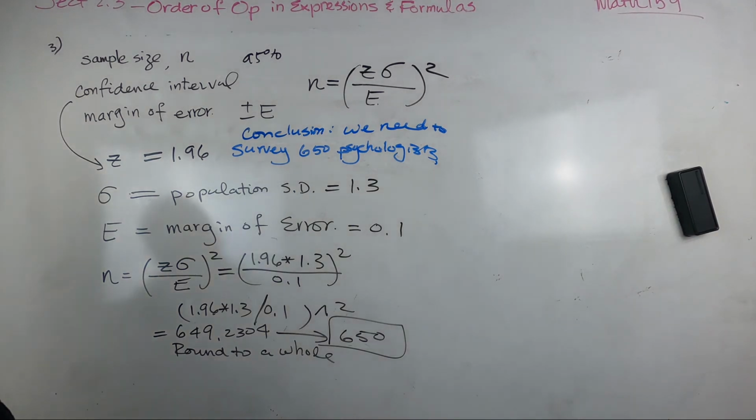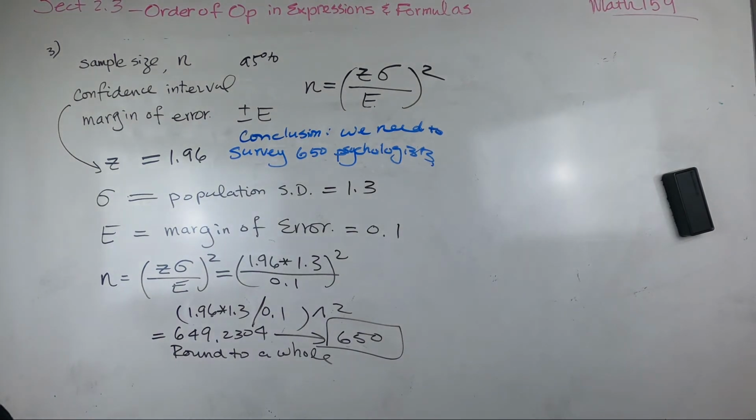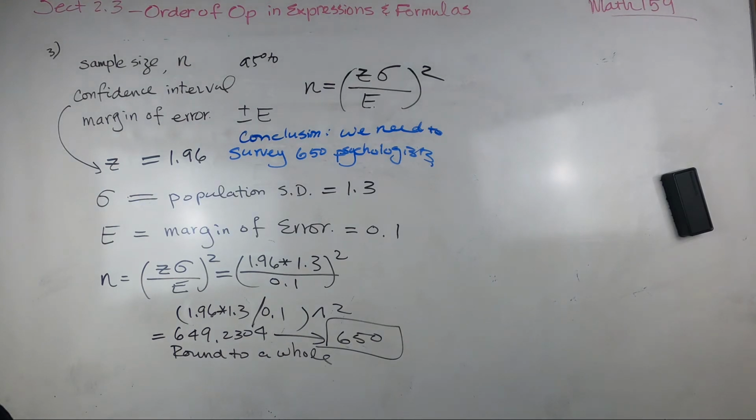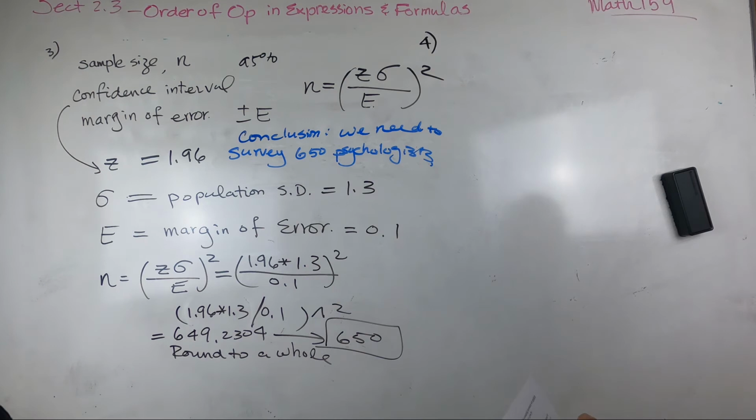That's what we need to do: how to connect the words with the questions. So you get used to it. You have so many words, but gradually you get familiar with it.